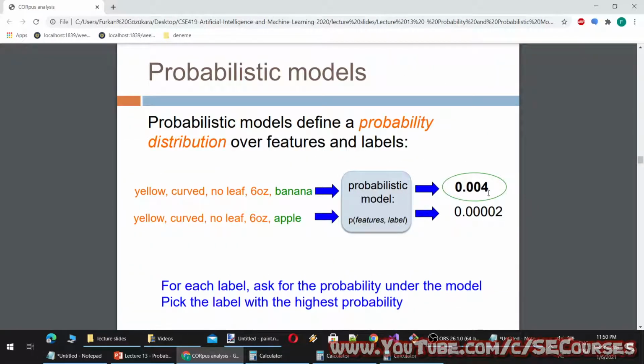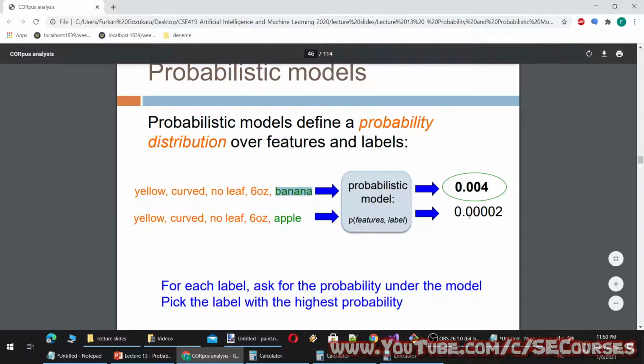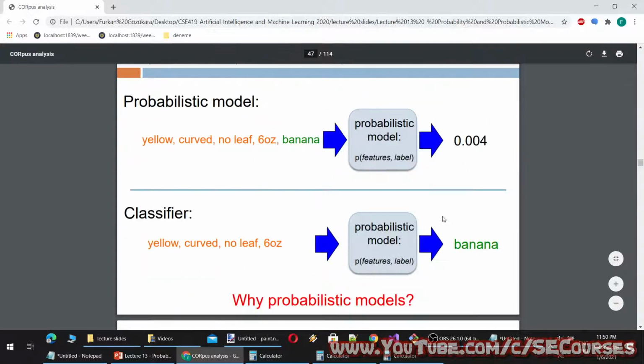We can see that it is 200 times more likely to be banana than apple. You see, I am able to evaluate the difference here. However, in here, I am not able to evaluate the difference.